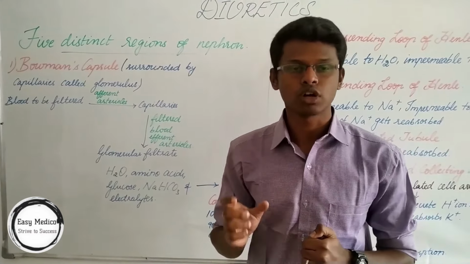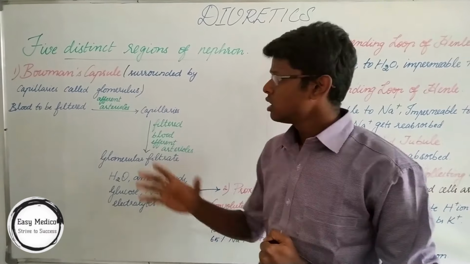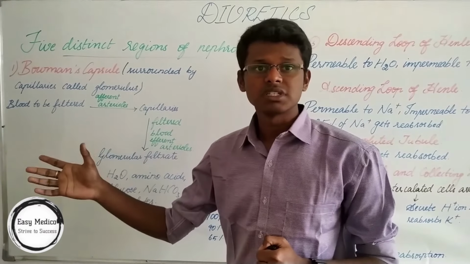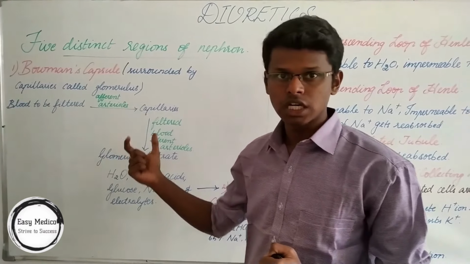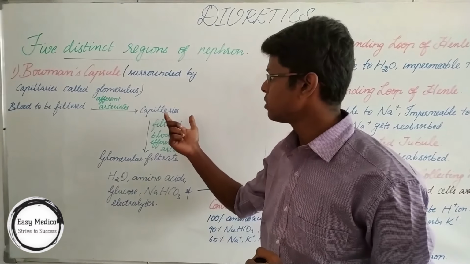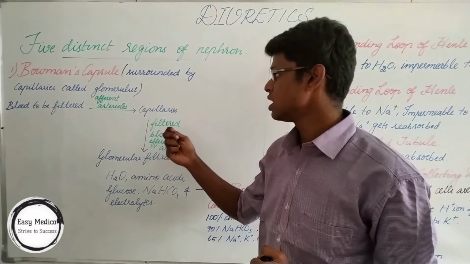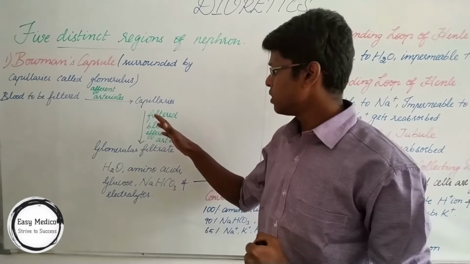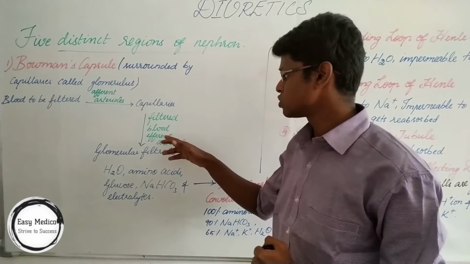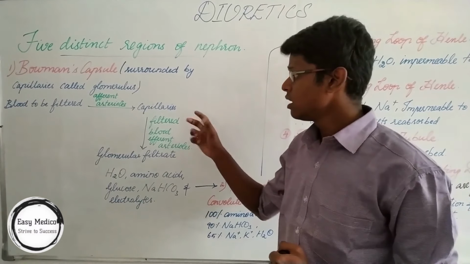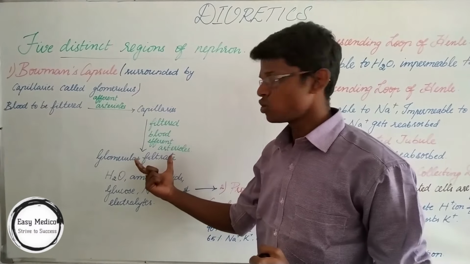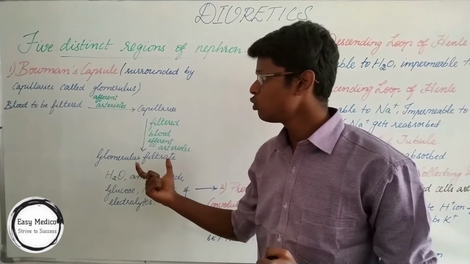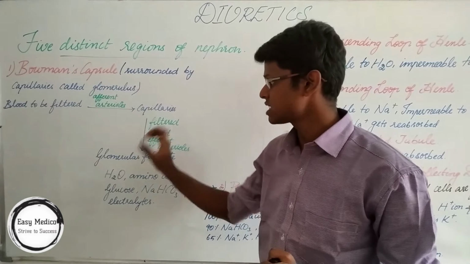Now, what happens in this Bowman's capsule? The blood to be filtered, which is carried through afferent arterioles, enters the capillaries, which are the glomerulus, and gets filtered there. The filtered blood moves away from the capillaries through efferent arterioles, and the filtered content, known as glomerular filtrate, enters the Bowman's capsule.